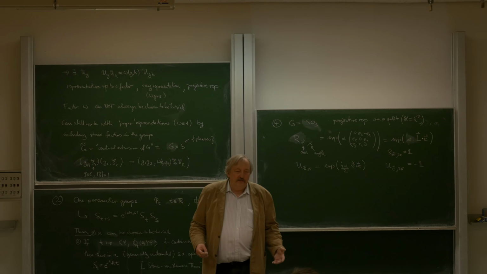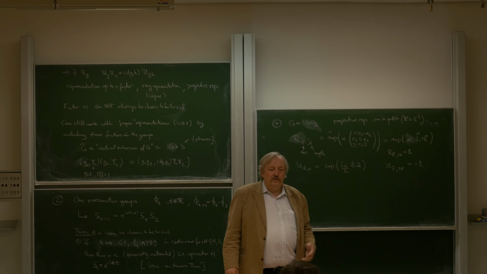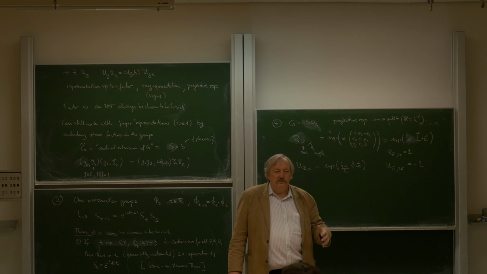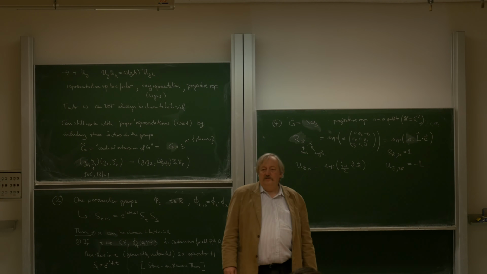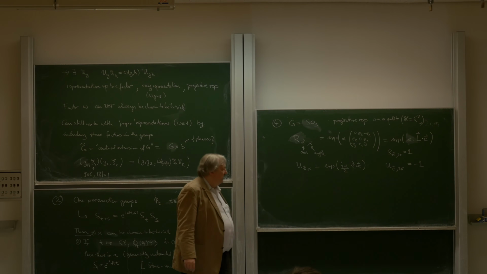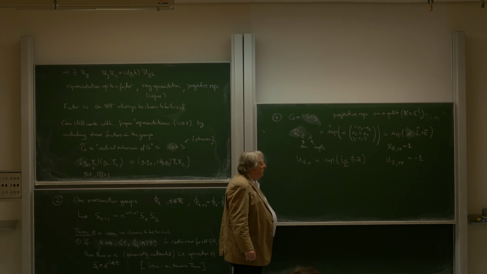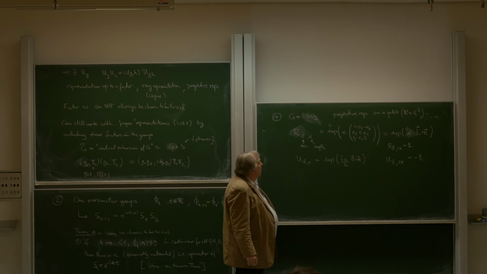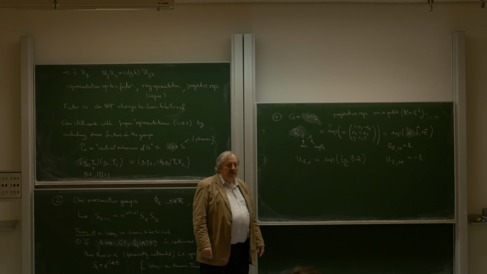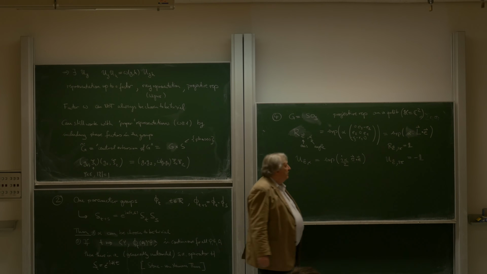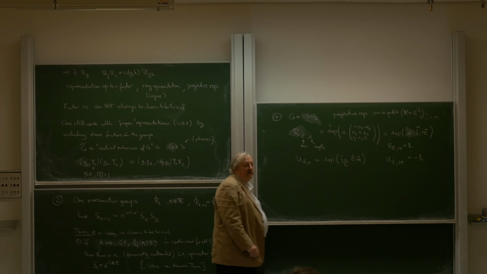So this is an example where you cannot get rid of the factor. There's no way to choose phases for your rotation operators so that this phenomenon vanishes. Okay, so this is one remark about projective representations, and this will be true for any half-integer spin representation.